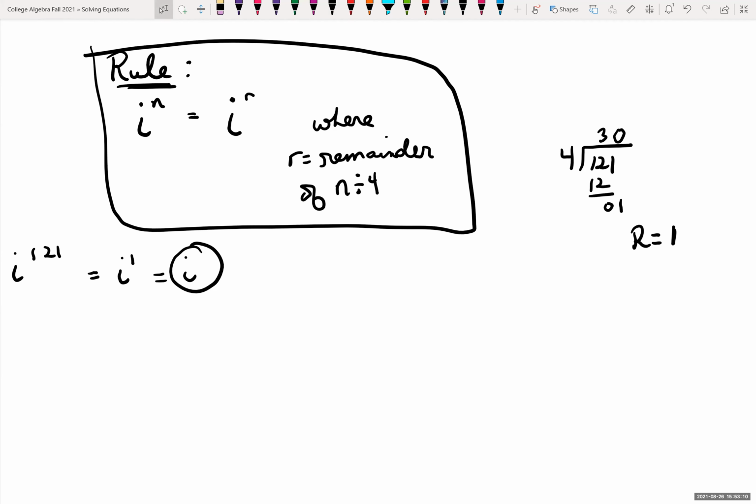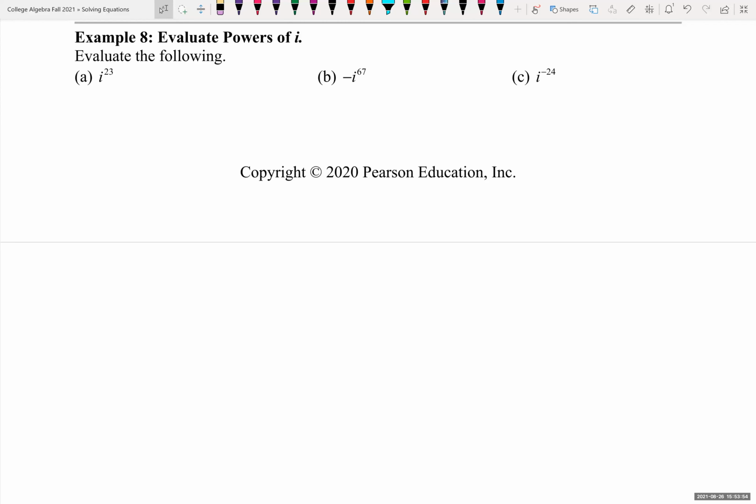So I'll pull up another example, maybe one that's on that note page. Okay, so let's look at the following, evaluating the powers of i. First one is i to the 23rd power. So again, I'm going to look at 4 going into 23 and see what my remainder is. Well, I know 4 goes into 23 5 times, which is 20, and my remainder is 3.